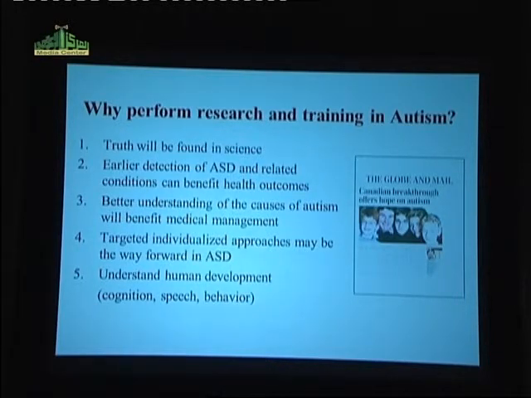Some of the core features that are affected in developing children who are autistic are cognition, speech, and behavior. And these are, I think, unique features that make us actually human, that divide us from the lower species. So I think understanding the genes and the proteins involved will also lead to a better understanding of ourselves.